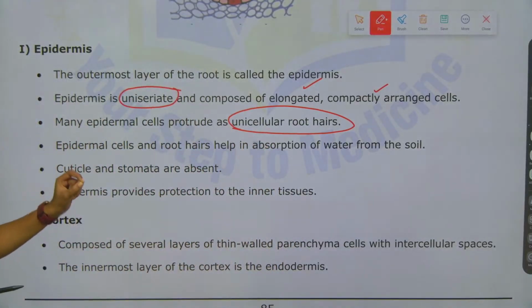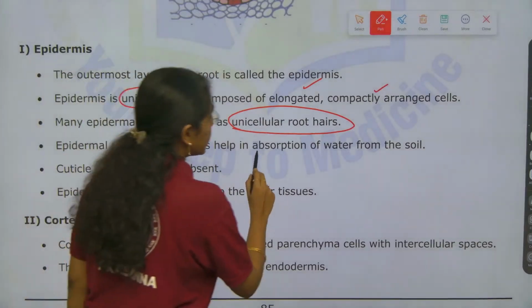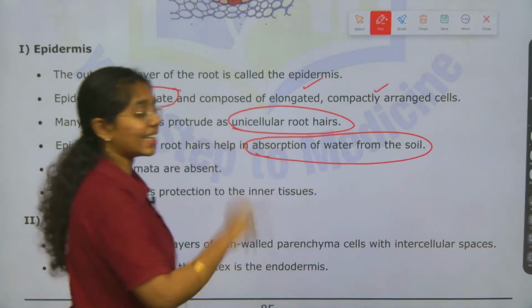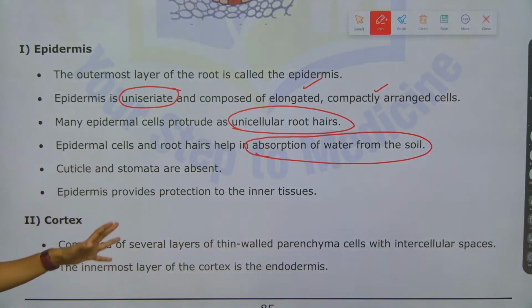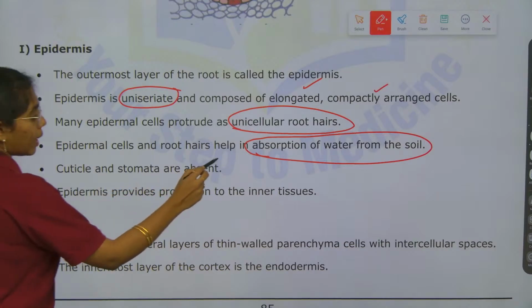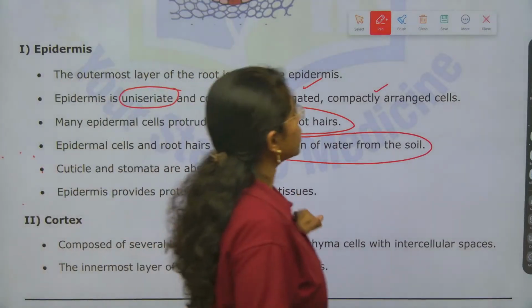And epidermal cells and root hairs, what is the main purpose of that? That is absorption of water and minerals. That is why there is no waxy cuticle above the epidermis in the root. Next, cuticle and stomata are absent, and epidermis provides what? Protection to the inner tissues. This is the sequential description on how you can describe the epidermis. Clear, right?